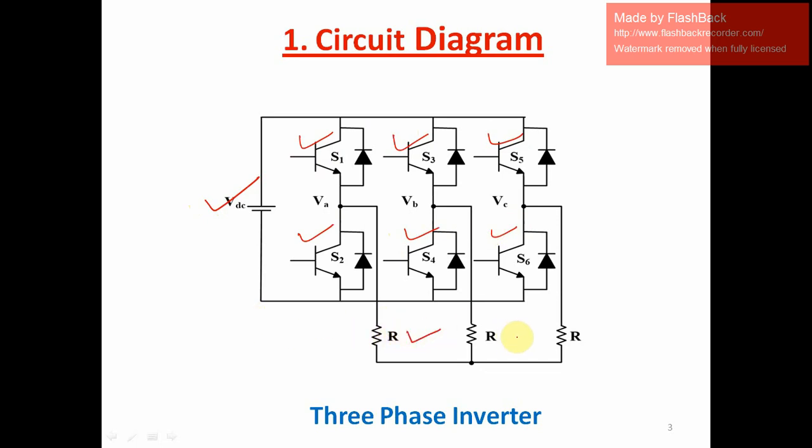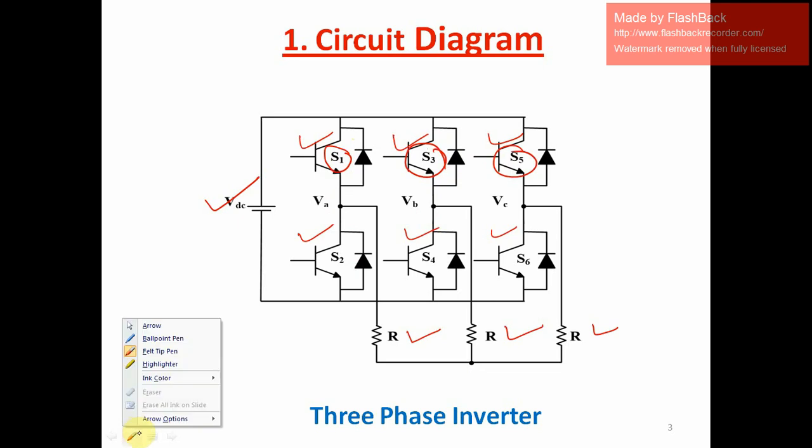And a resistive load is connected, resistances of equal value, with a neutral, that means star connected, right? Please observe this: S1 is here, S3 is here, S5 is here. We can give any numbering, but there is a particular type of numbering we follow in power electronics.